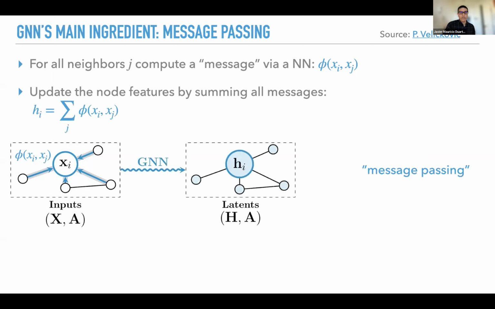Then we have an aggregation step. So we either sum or take a mean or take a max or minimum of all of these messages that are being passed from neighbors to this node. And afterward, we can take that summation and from that compute an updated node feature, this so-called h_i.